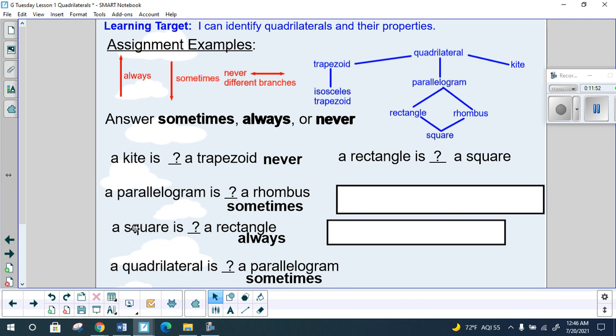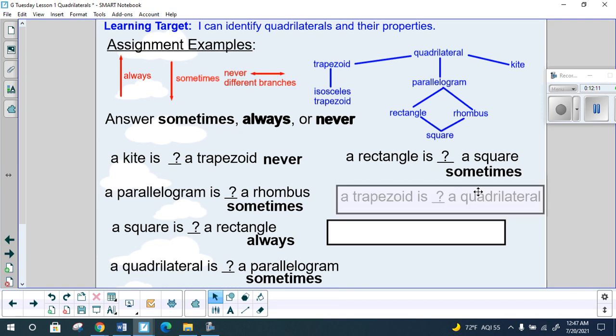Look at the last one: a square is always going to be a rectangle. It's always going to have those four right angles in it. But for a rectangle to be a square, that doesn't happen all the time. That's just sometimes. It's going down the chain.